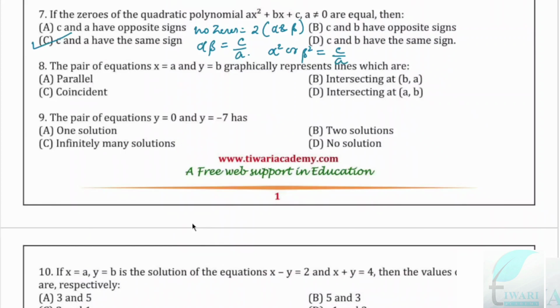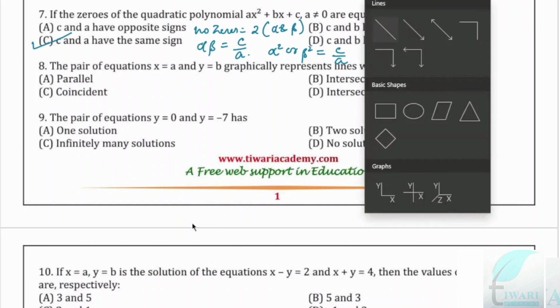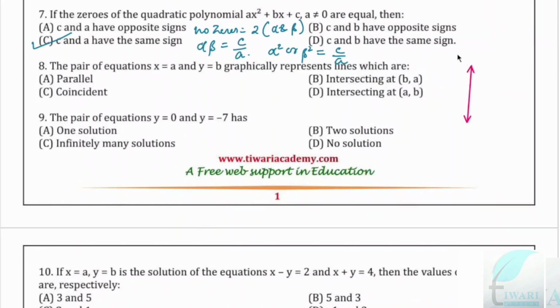Fine. Question number 8. The pair of equations x equals a and y equals b graphically represents lines which are, see, now if you draw a graph, this is the y axis and this one is the x axis.